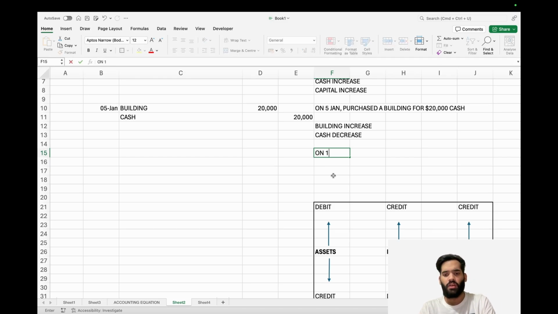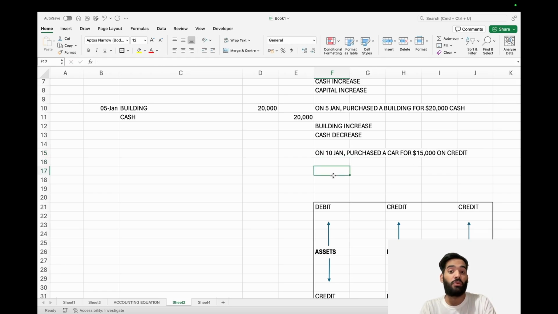So let's say on 10th of January we purchased a car for $15,000 on credit. Again the same approach, write the concept. Car account will increase since I'm buying the car, and since I promised to pay money later, which is what on credit means in this case, accounts payable increases, which we also talked about in the previous topic, the accounting equation.